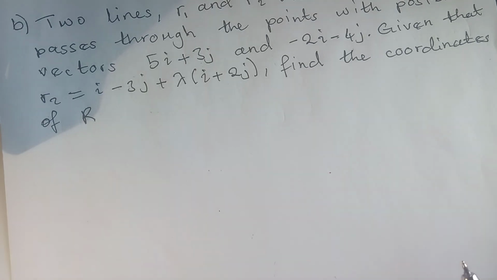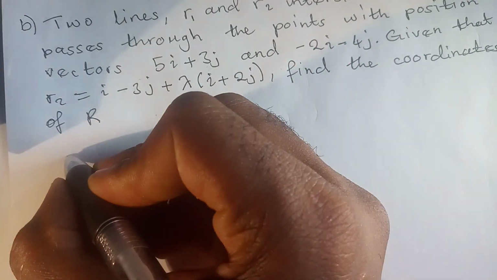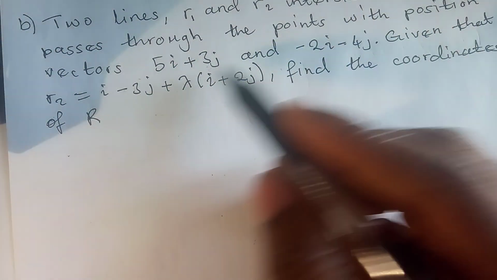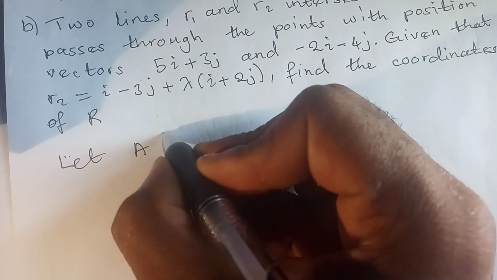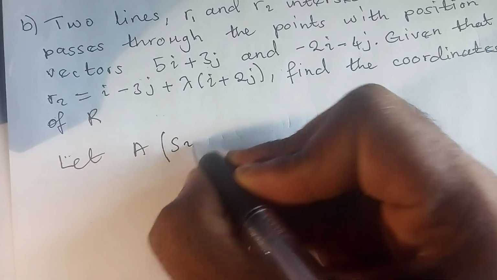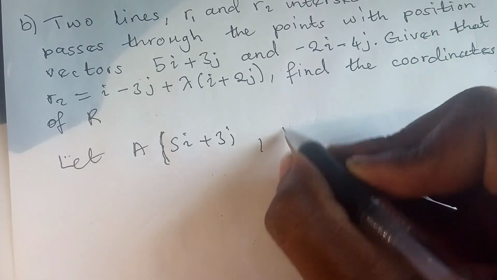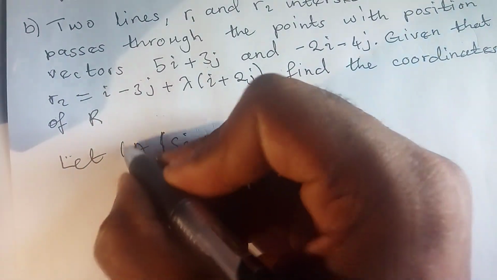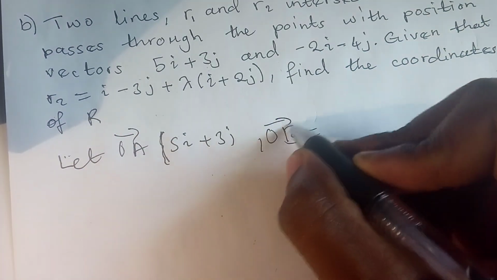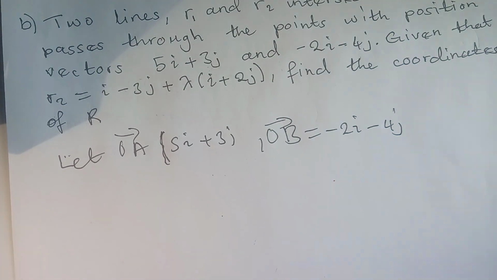So I just thought I should give you a quick roadmap of where we are going before I actually find the equation. So you can just say, let these 2 points be 5i plus 3j, and then this one be the position vector. Actually, these are position vectors of 2i minus 4j.